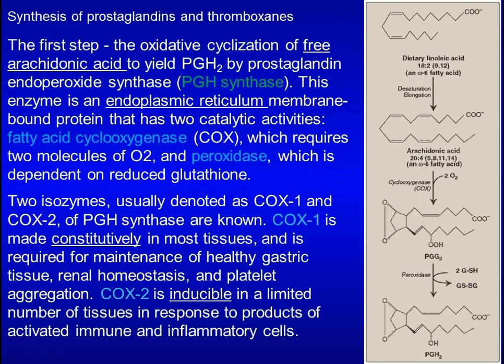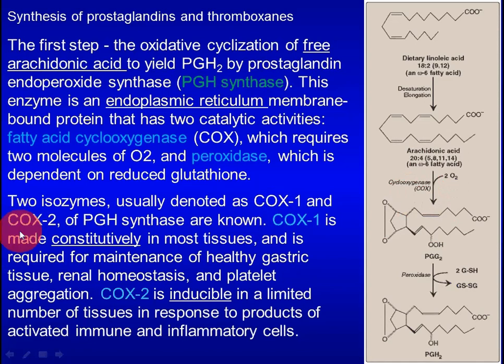After arachidonic acid is released from phospholipids, the first step is oxidative cyclization of free arachidonic acid to generate PGH2. It occurs in 2 steps. The major step is catalyzed by cyclooxygenase, or COX. COX has 2 isozymes, COX-1 and COX-2.